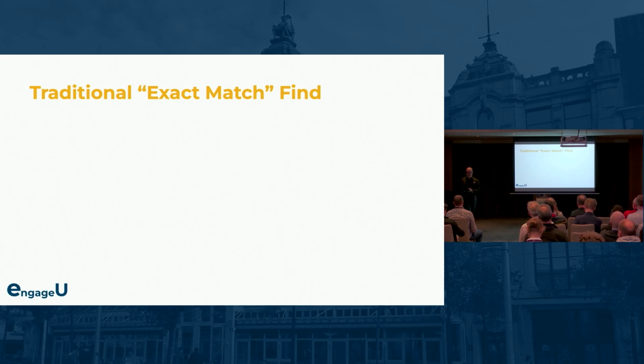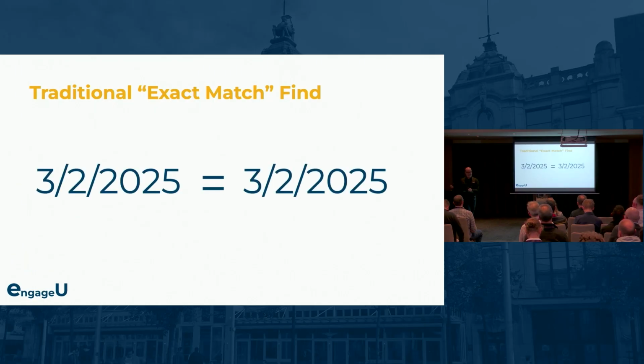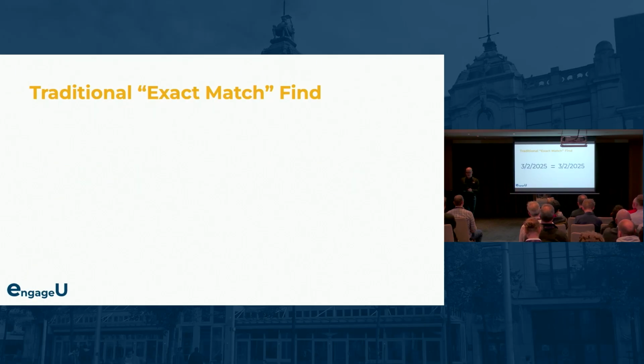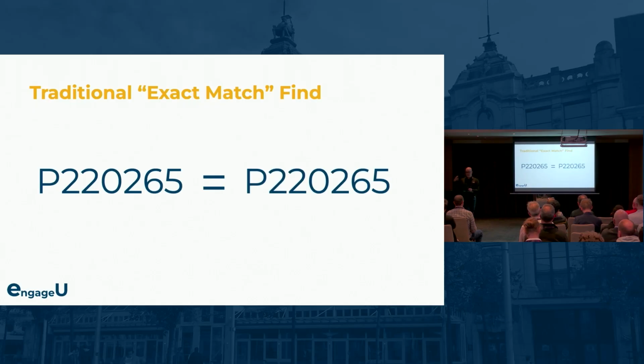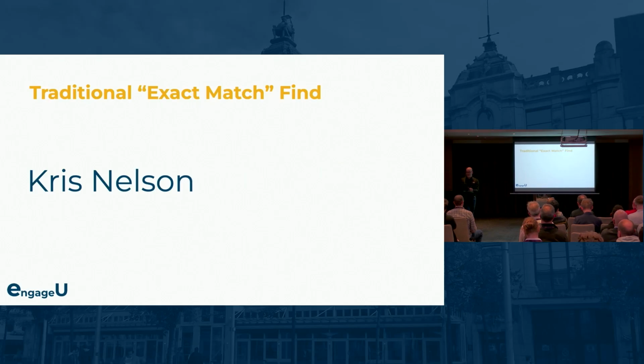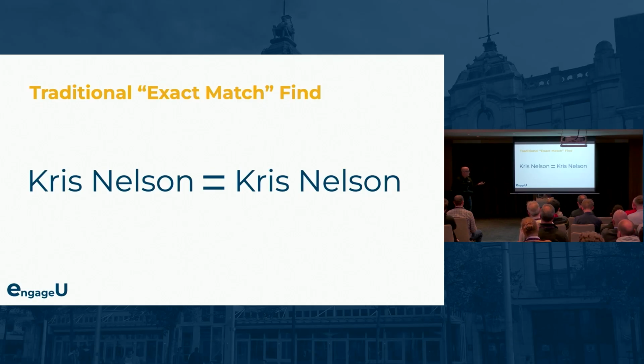So if you search for a date, up comes a record with that exact date. If you search for a customer number, up comes a record with that exact customer number. Likewise, if we want to find a client named Chris Nelson, you enter the first name and last name, and up comes a record with Chris Nelson.